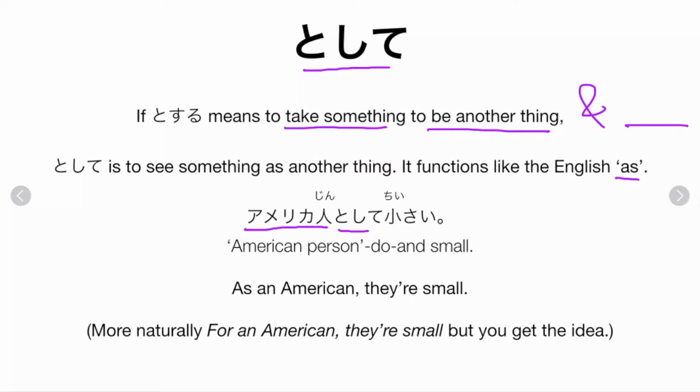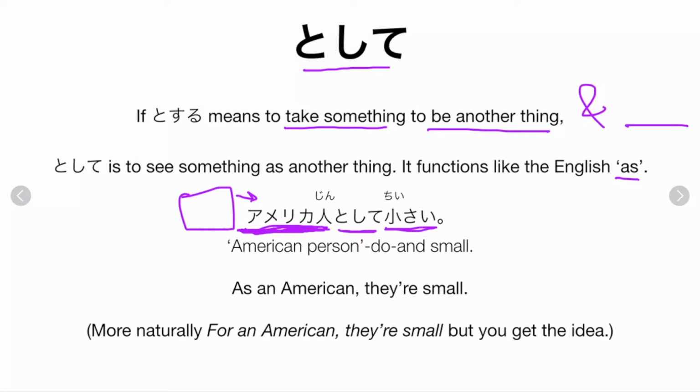America jin toshite chisai. Right? So if we consider them, if we take whatever it is that we're talking about to be an American person, America jin toshite. So if we make whatever it is we're talking about into an American person, chisai, they're small.